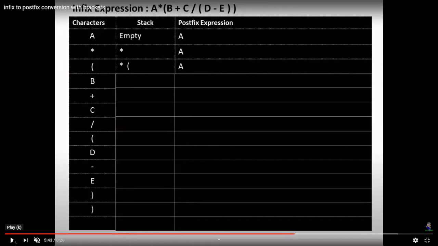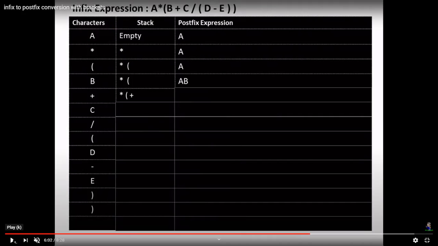So the opening bracket will be pushed on top of star, and you have the postfix expression A. Then we have an operand B. So B is an operand. So in the postfix expression we will be having AB, and in the stack we will be having star, opening bracket.